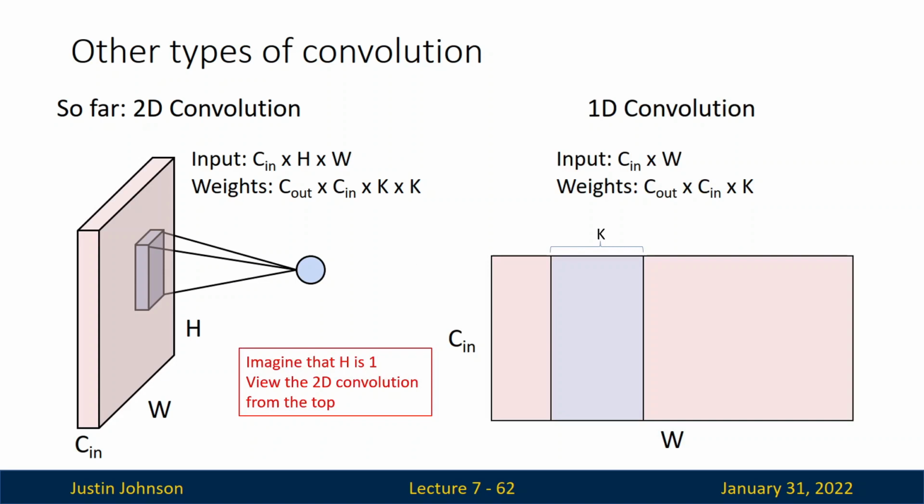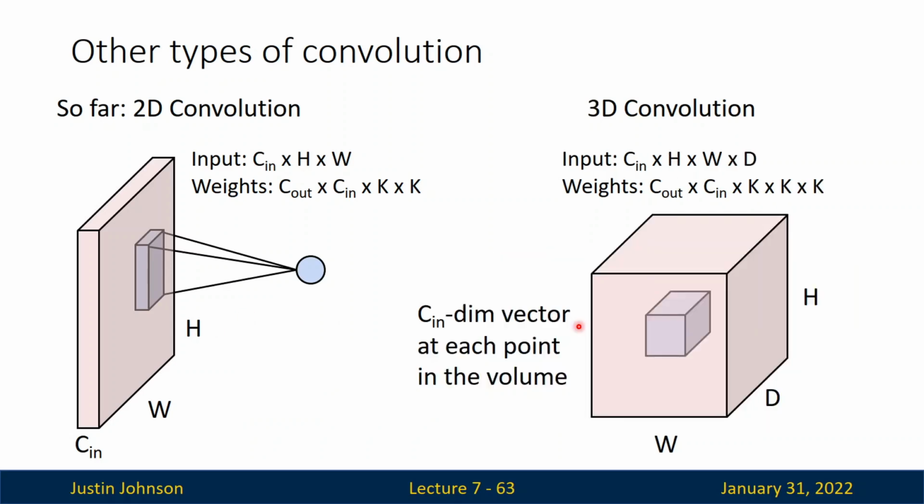So this is the 2-dimensional space. If you assume the height is just 1, it becomes 1-dimensional. So the height of the images just becomes 1, and you can also apply a convolution. It becomes a 1-dimensional convolution.